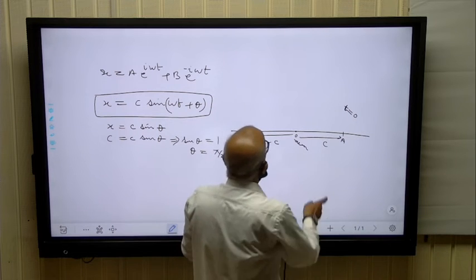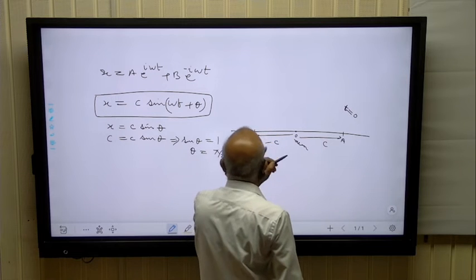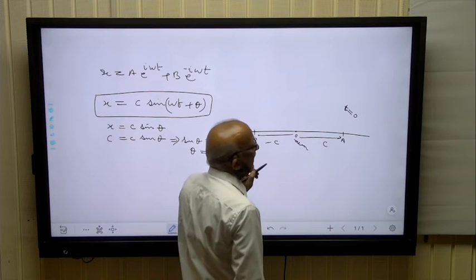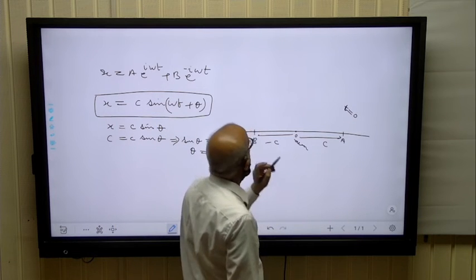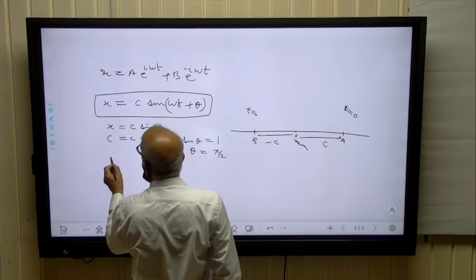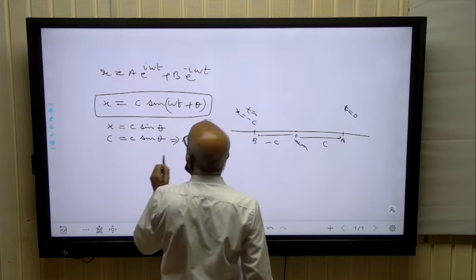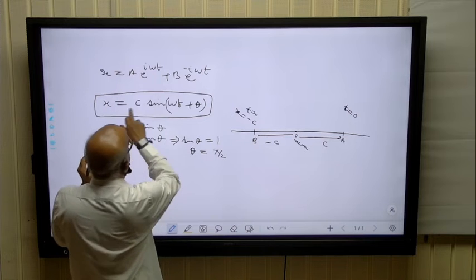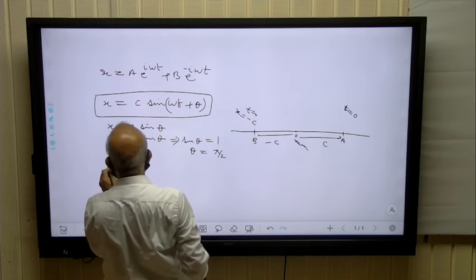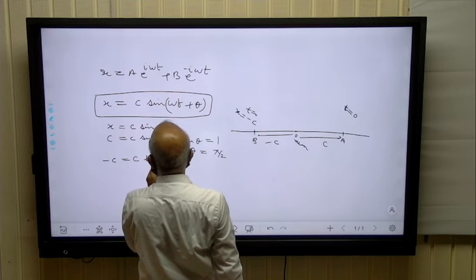Again, suppose the particle is here, in that case x will be minus C. If the particle is at B at time t equal to 0, then x is equal to minus C is equal to C sin theta.